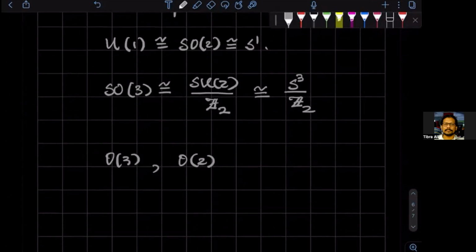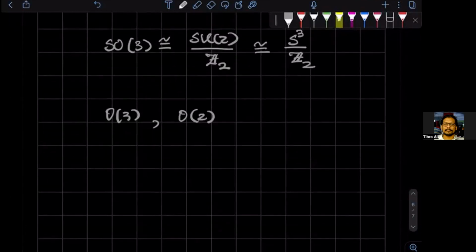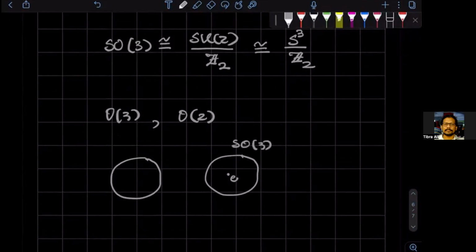Now O(3) and O(2) can be thought of as having an island which is connected to the identity, which is SO(3), and another island, a disconnected component, where you can go from SO(3) by applying say the parity operator. Okay, so these are disconnected manifolds.